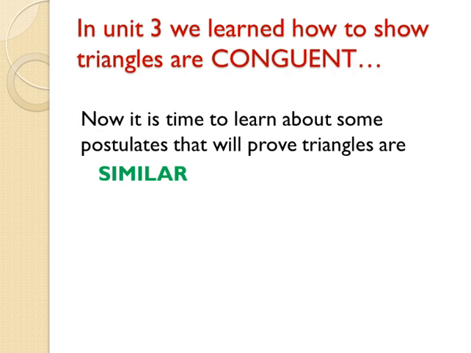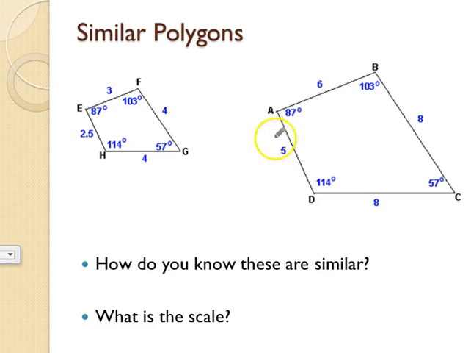In Unit 2, we learned how to show that triangles are congruent. So remember, to show that triangles are congruent, we showed that all angles and all corresponding sides are congruent. Where now we're going to spend some time to learn how we can prove that triangles are similar. So let's do that right now.